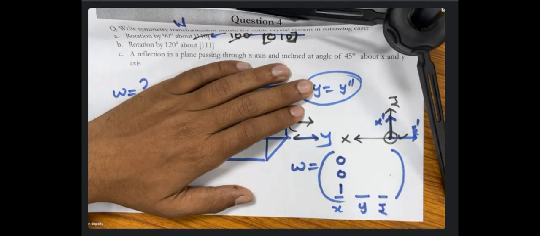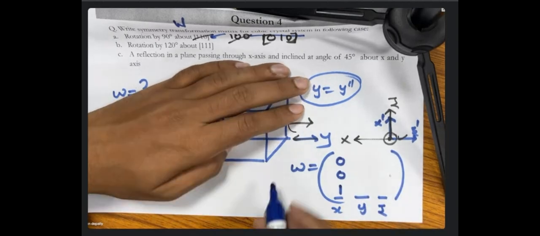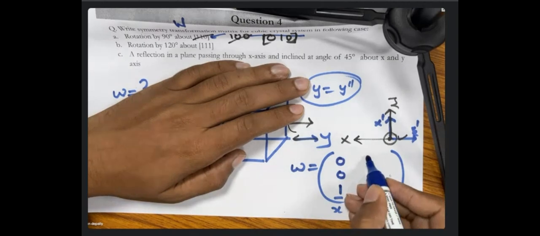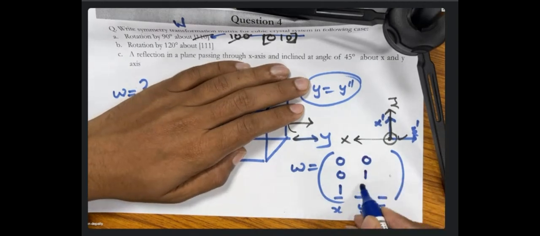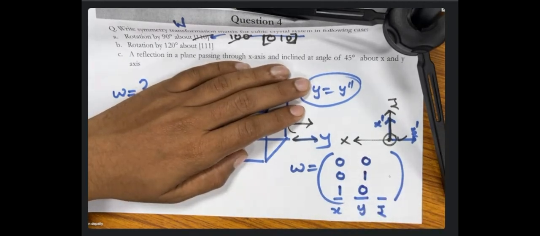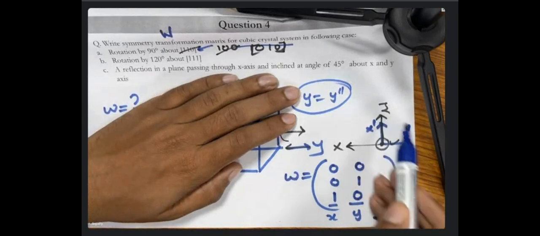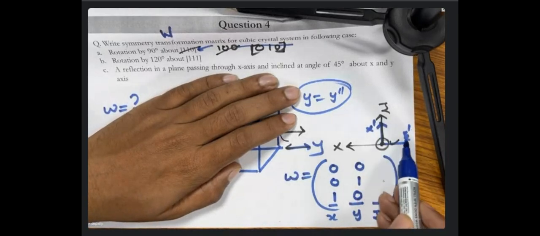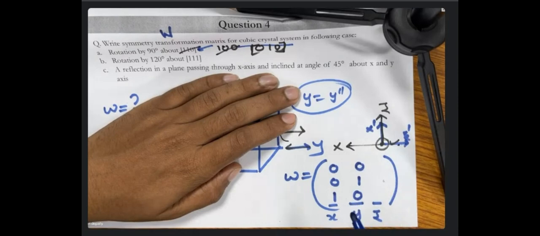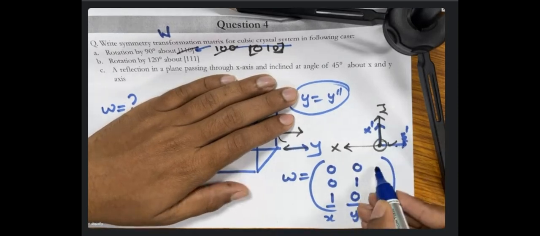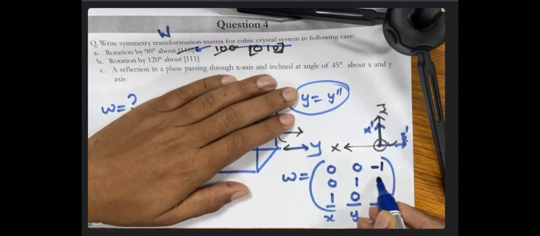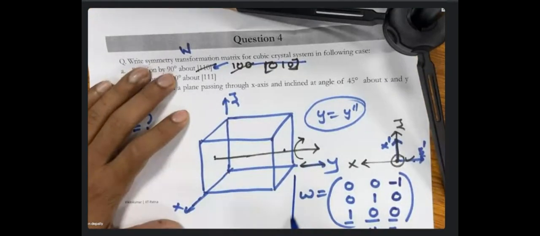While y is not transformed, its initial position was 0 1 0, so it will remain as it is, invariant, 0 1 0. What about z? Z is transforming to z dash, which is in the opposite direction of x. So we can write that it will be minus 1, 0, 0, and that's how we get our symmetry transformation matrix.